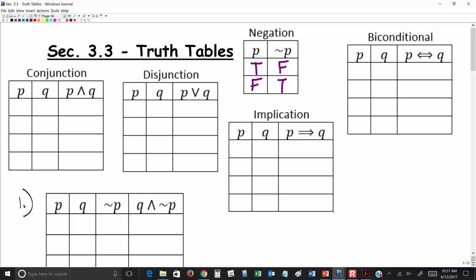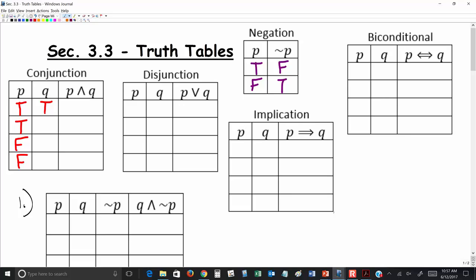Okay. And then let's look at the conjunction, which is the and statement. Basically every time we have a truth table with two basic statements, P and Q, we're filling out the P and Q columns to include every possible combination of true and false for P and Q. We'll do it this way, where P is TTFF and Q is TFTF.